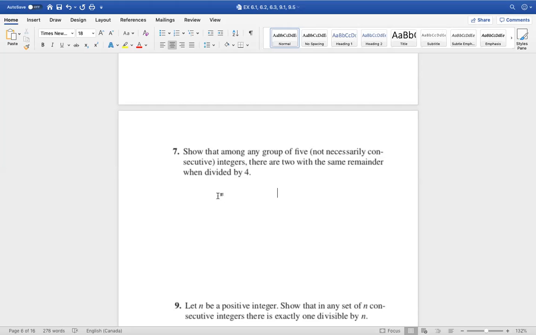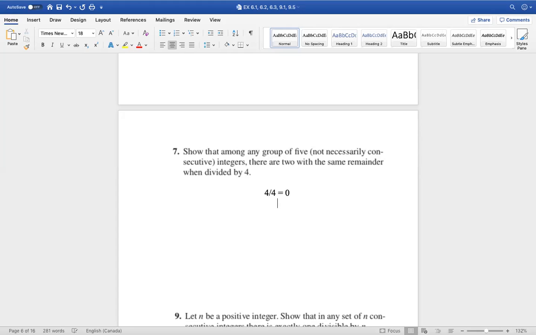Okay, so let's take the number 4. We start with the number 4 and divide it by 4, which gives us the remainder 0. We take 5 divided by 4, which gives us remainder 1. We have 6, we divide by 4, which gives us remainder 2. We have 7, we divide by 4, we get the remainder 3.